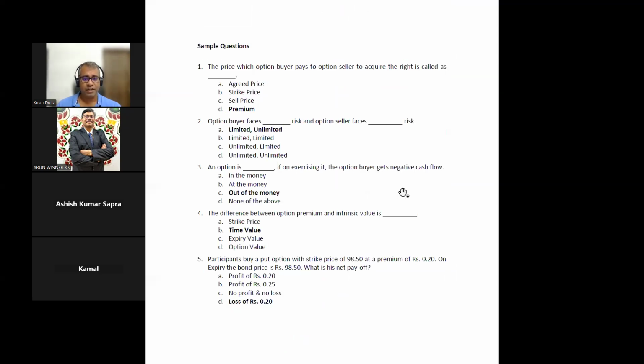It's the same questions again. Option buyer pays the premium, limited, unlimited risk. So he asked who gets a positive cash flow, here who gets a negative cash flow. So, out of the money. Again, the same question, the difference between option premium, intrinsic value, time value. It's the same thing.